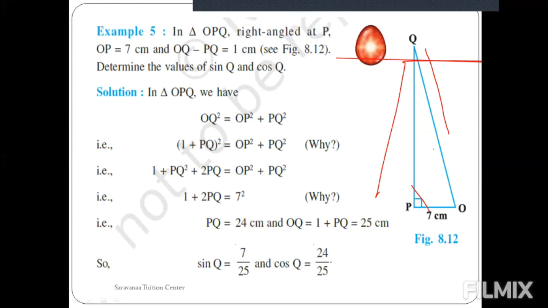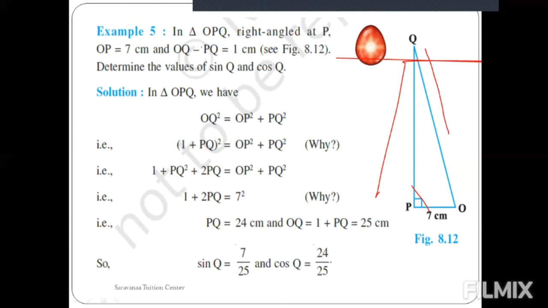OQ square equals QP square plus PO square. So this is the Pythagoras theorem. So they have given that OQ minus PQ equals 1. So instead of OQ square, we are going to substitute that OQ equals 1 plus PQ.